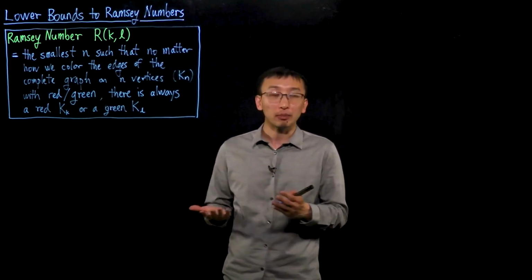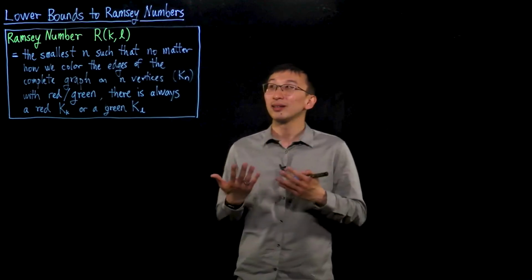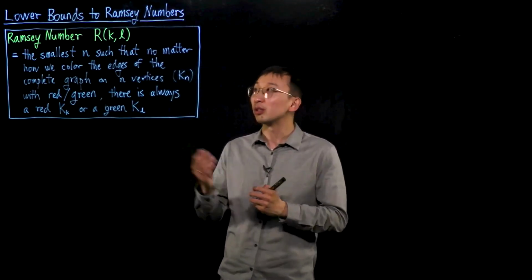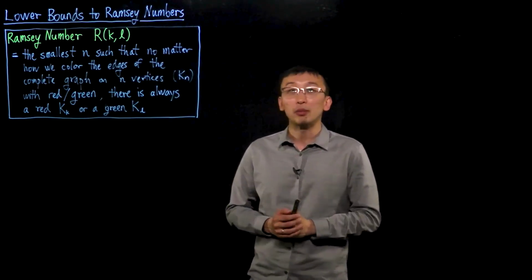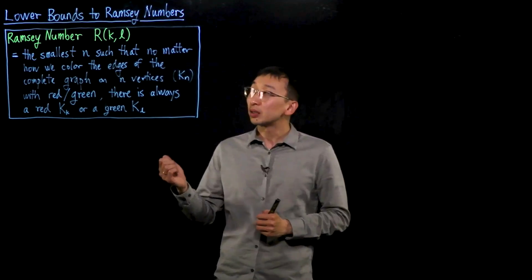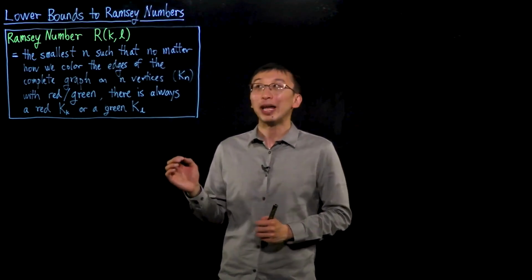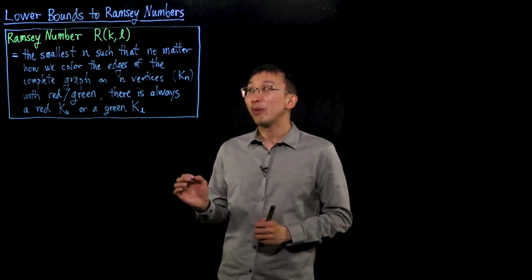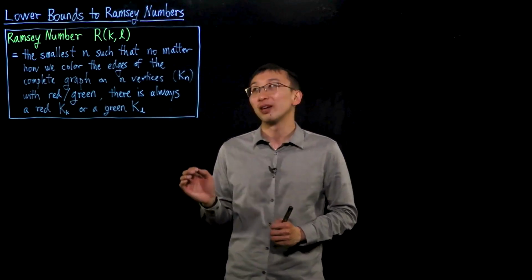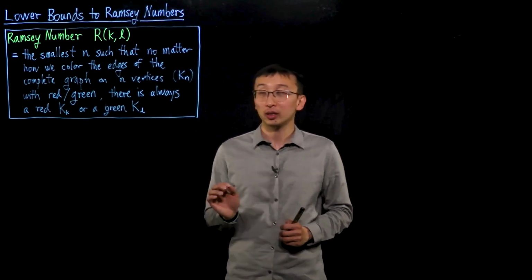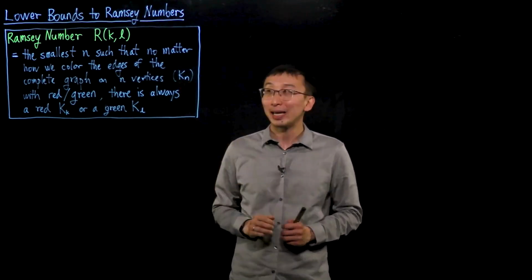Now, Ramsey numbers are interesting objects in combinatorics, and they're defined as follows. The Ramsey number R(k,l) is defined to be the smallest integer n, such that no matter how we color the edges of a complete graph on n vertices, we'll denote such objects by K_n.